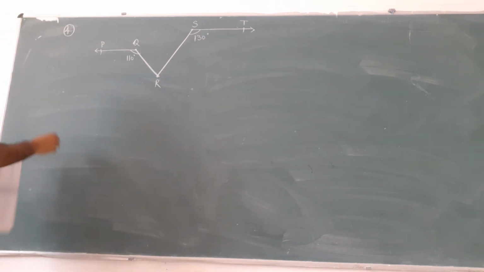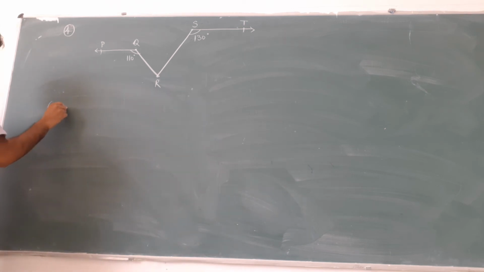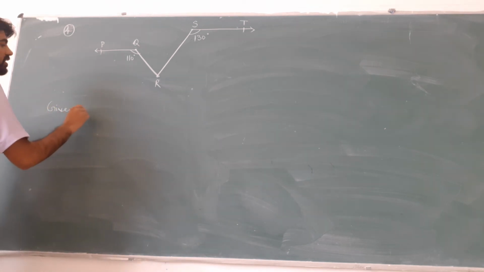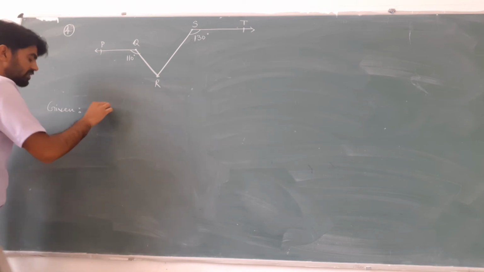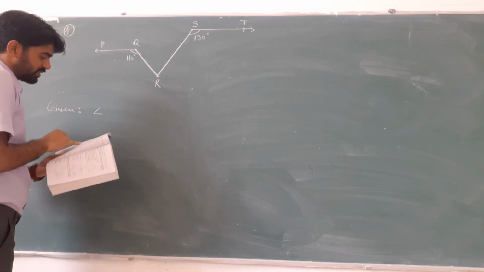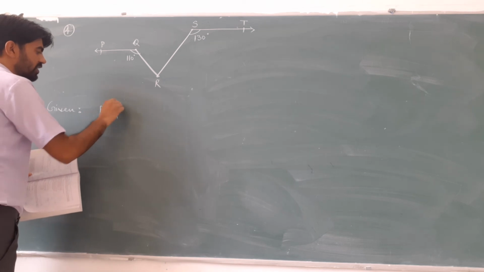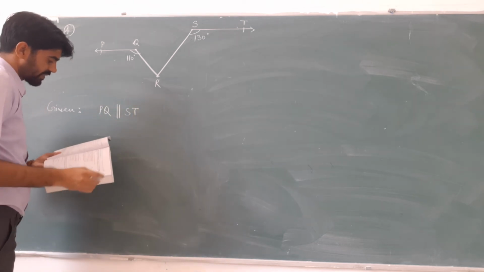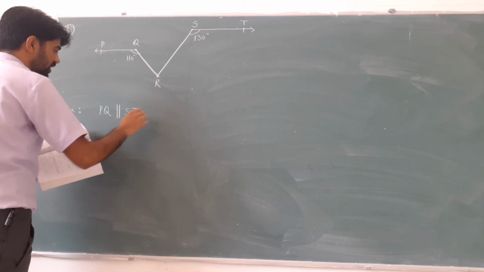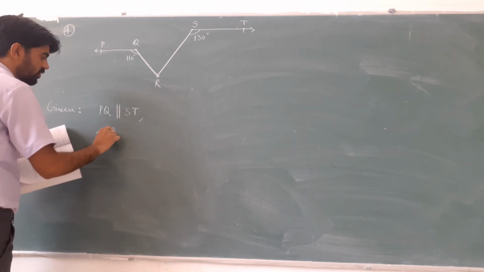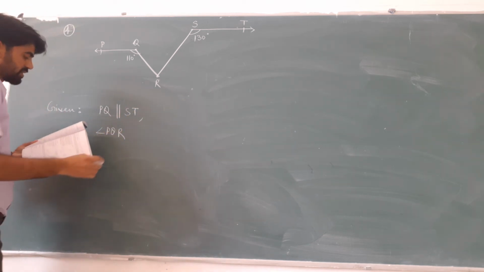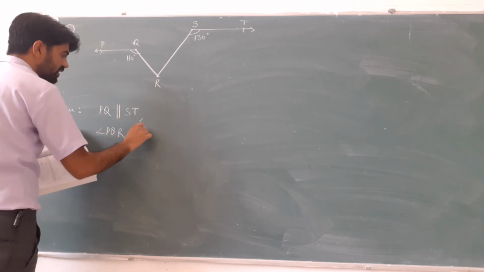Okay. Now what is given? Given PQ is parallel to ST. First thing, PQ is parallel to ST. Then angle PQR is 110 degree.